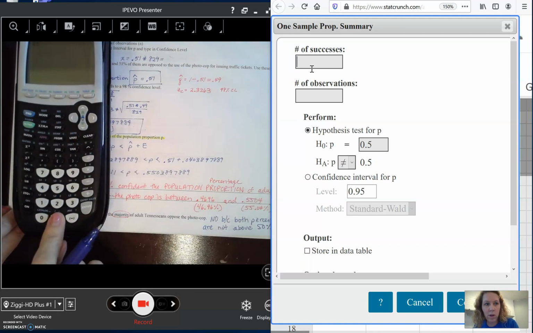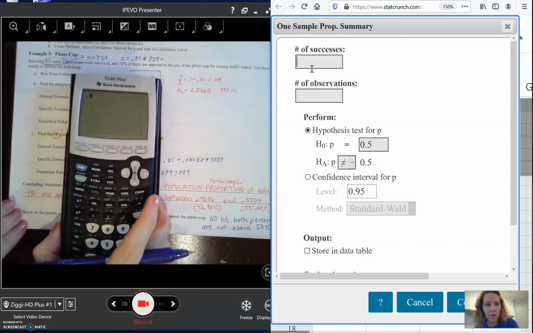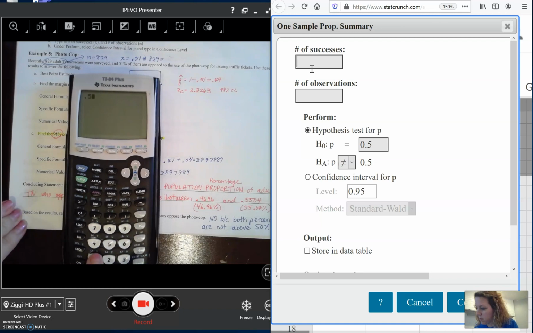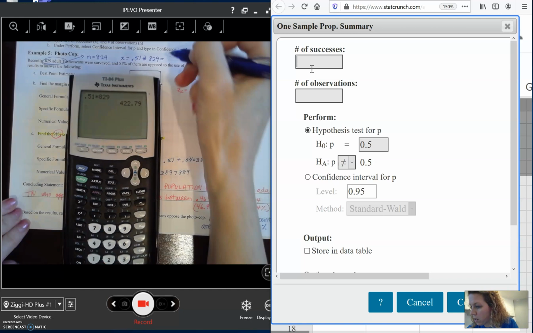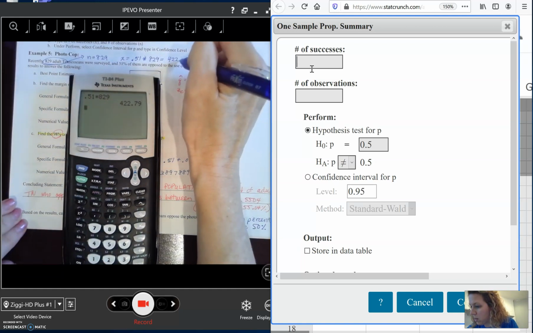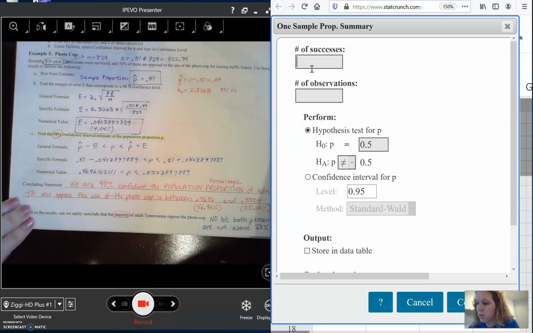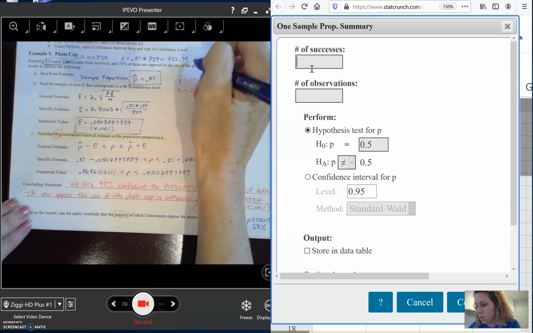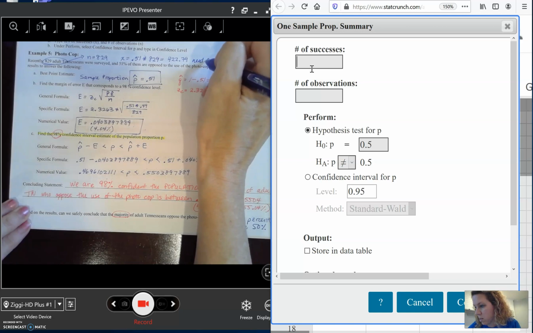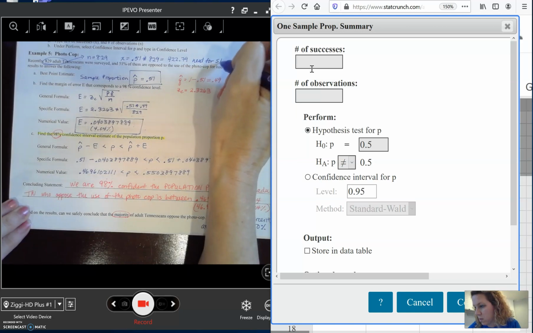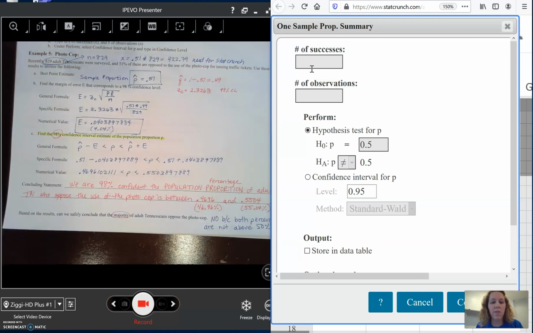So 0.51, let me move it down a little bit here. 0.51 times 829. That will leave us 422.79 Tennesseans that oppose the use of the photocop. So we're going to need this for StatCrunch. We might need it for any other sort of technology too.